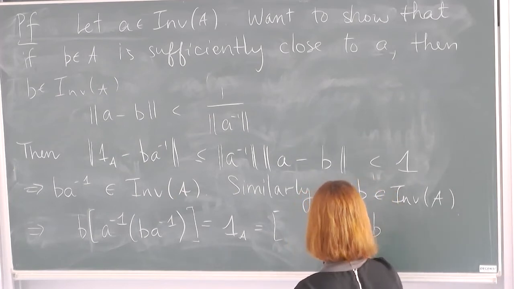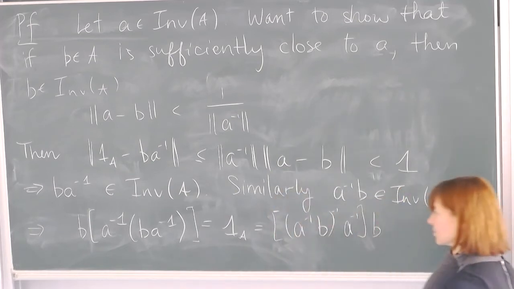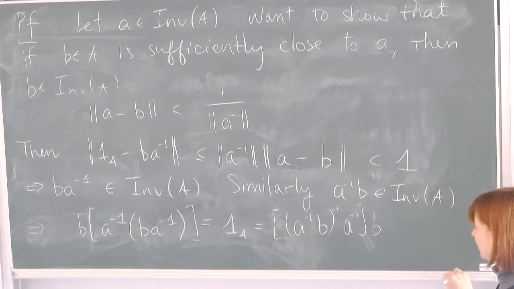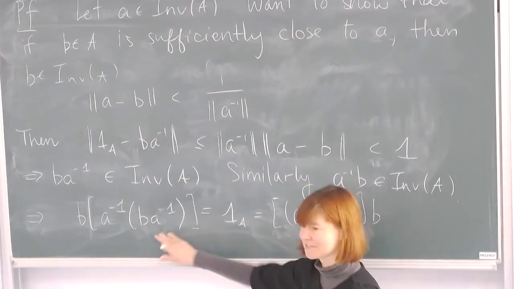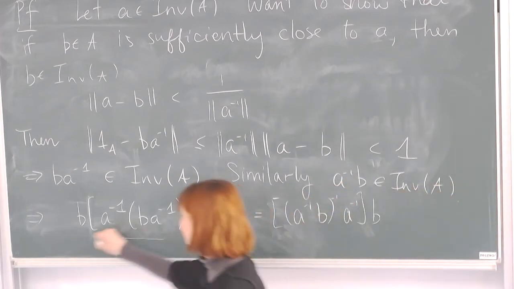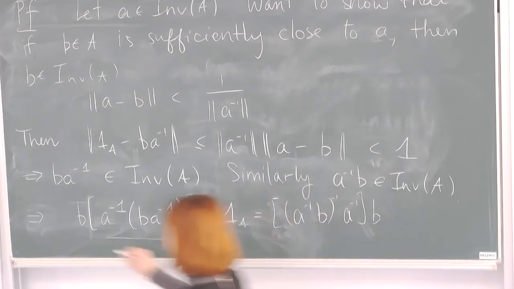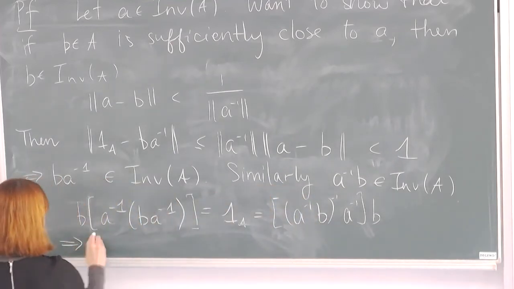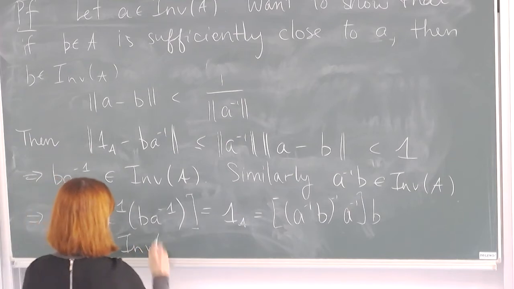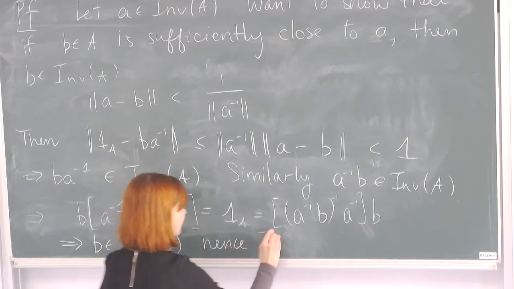This should be a inverse, and then this should be a inverse, b inverse. Okay, so you might say to me, Karen, these are not the same elements. And you are right. So this is not actually the inverse of b, but you can play around and figure out just how to write the inverse of b in terms of these things. It's not so hard. So b is invertible as well. Which shows the first part. So this is indeed open.